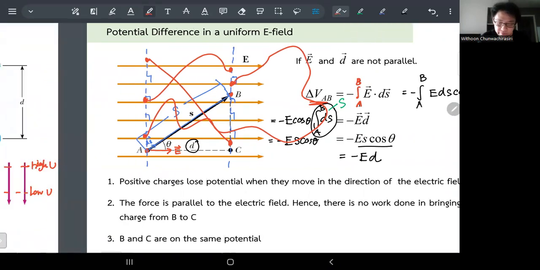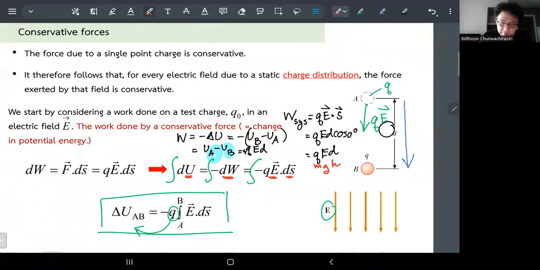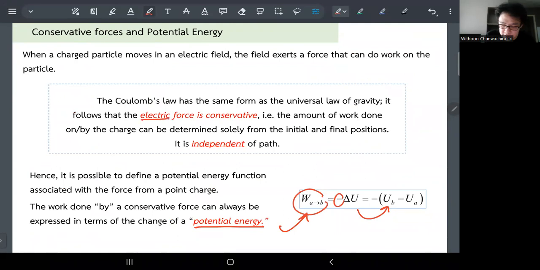Because, come back to the first page over here, electric force is conservative. When I say conservative, what does it mean? It means it doesn't depend on path. I can move my mouse up straight, zigzag, curve, or go diagonal. Doesn't matter. My energy changes are all mgh, independent of path.